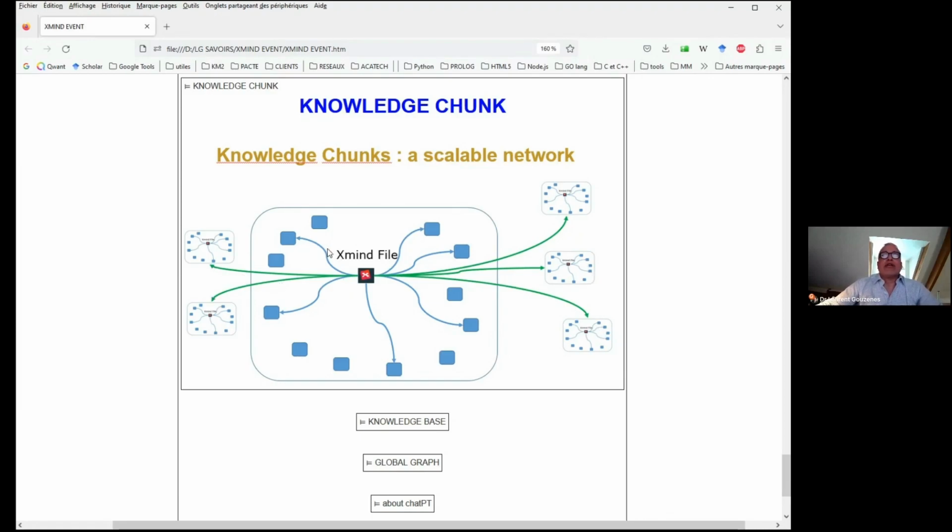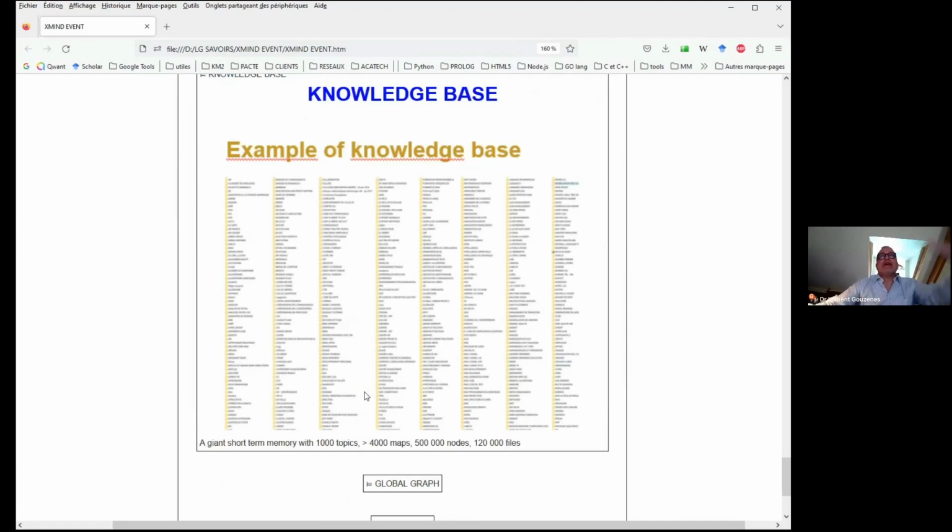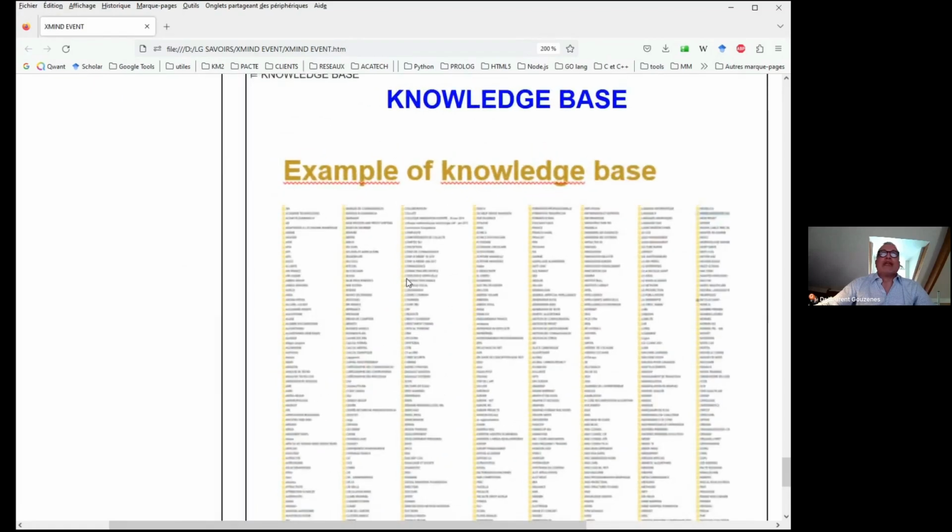Here you have something which contains the knowledge, and everything you have collected is inside this chunk. Then you organize this, and this is one part of my knowledge base. Each little point that you see is a chunk.